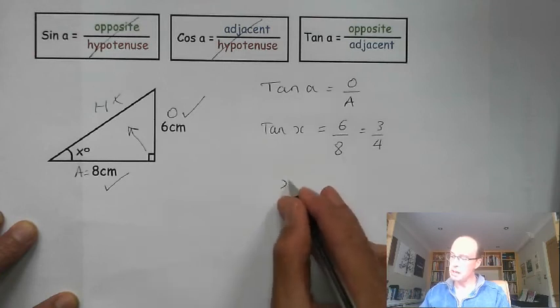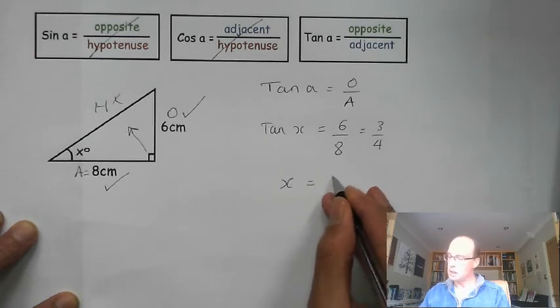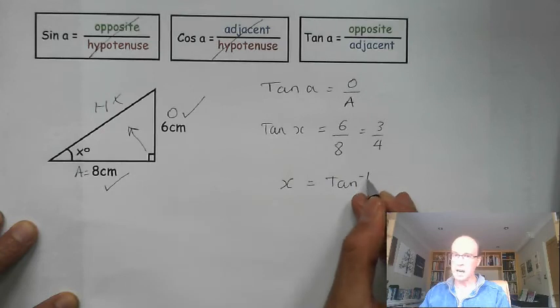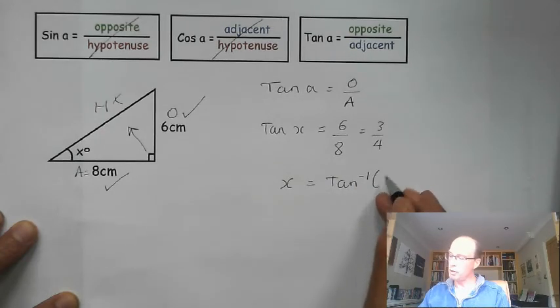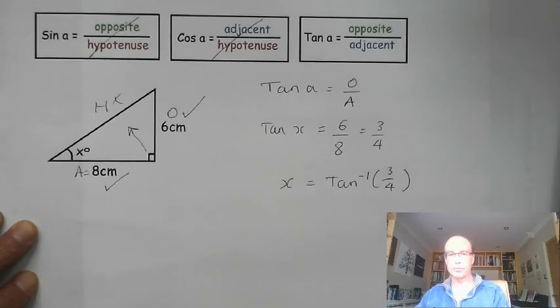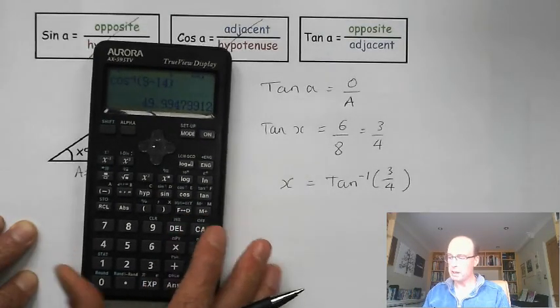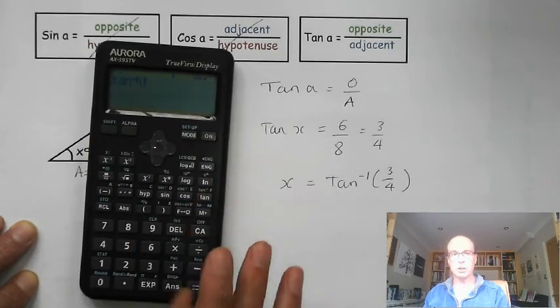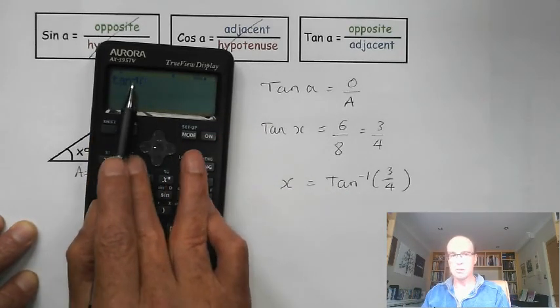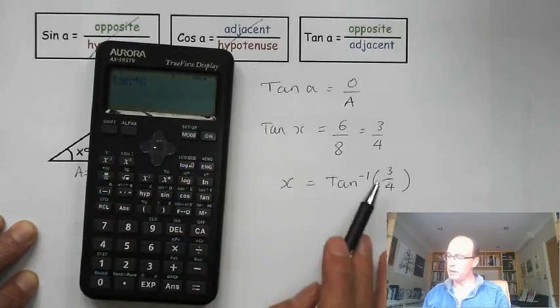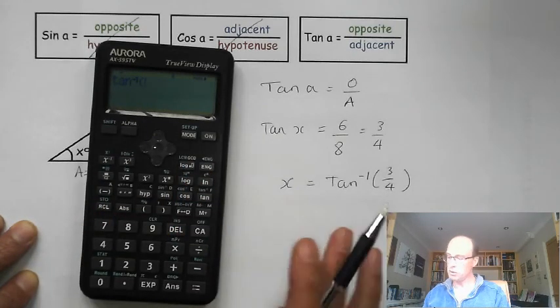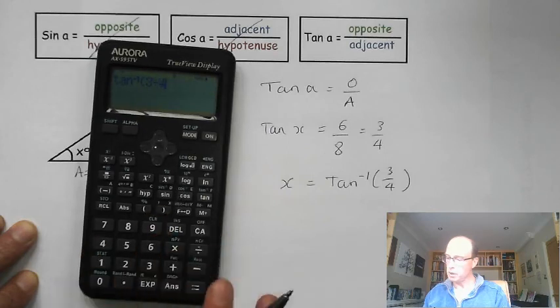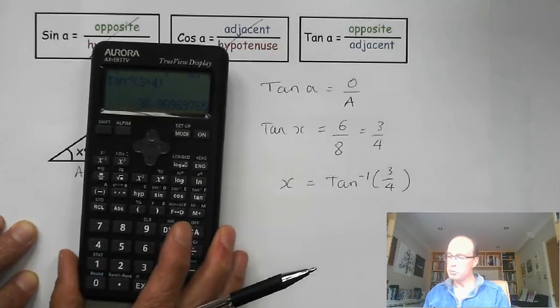I want to do the inverse operation, so that's going to be using my tan to the minus 1 of 3/4, or I could use my decimal 0.75. Back to my calculator. So my shift button with the tan function is going to give me tan to the minus 1 of the value that I'm trying to calculate, 3/4. 3 divided by 4, that is equal to 36.869.